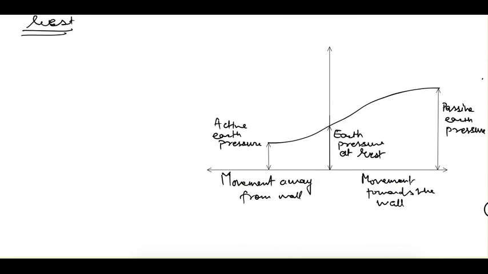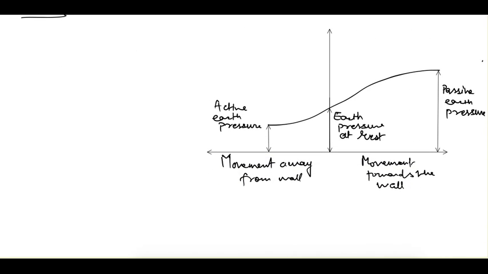Now we need to consider two cases. This diagram shows the earth pressure at rest condition. The vertical axis shows the earth pressure, that is sigma x, as a function of wall movement. When the wall moves away, the pressure decreases, and when the wall moves toward the soil, the pressure increases.